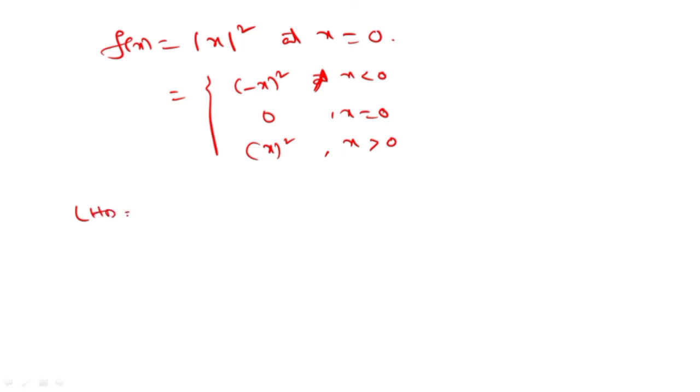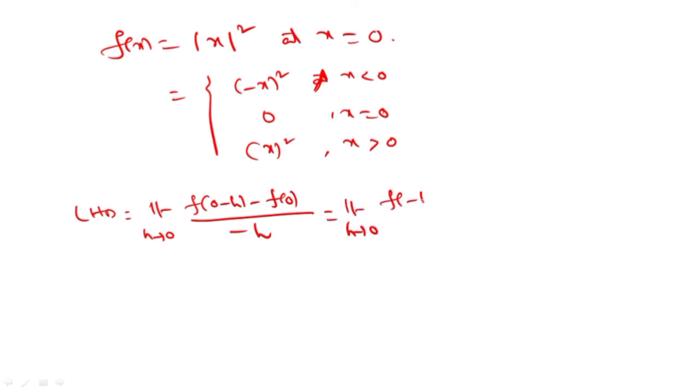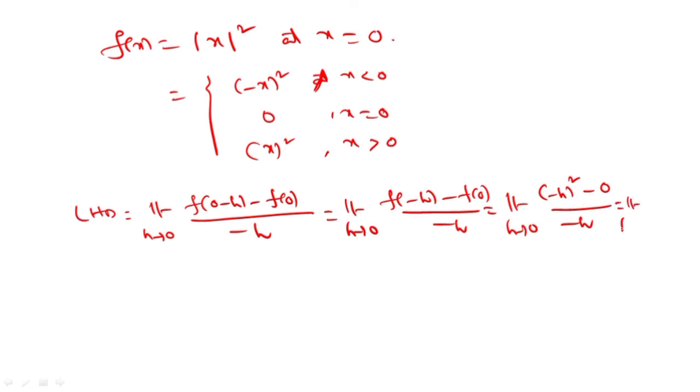So LHD, limit h tends to 0 f of 0 minus h minus f of 0 by minus h. Limit h tends to 0 minus h whole square minus 0 by minus h. Anyway, this will be h, limit h tends to 0 minus h will remain 0.